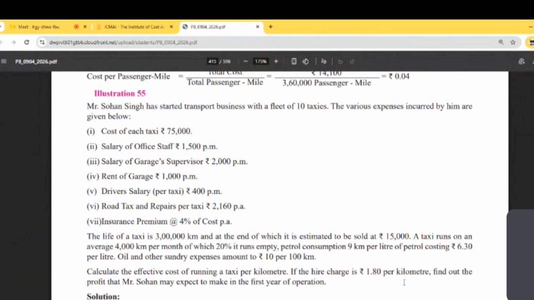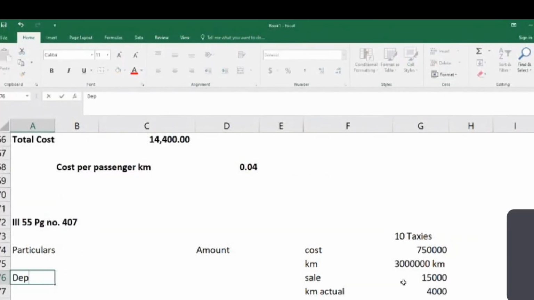First, the cost of each taxi is 75,000. This is not a revenue expense. Only depreciation you will show as your cost.